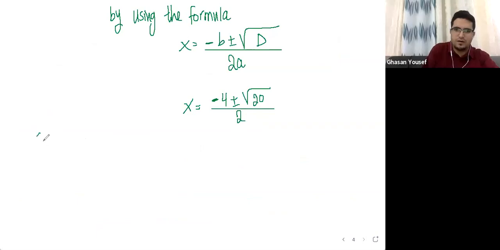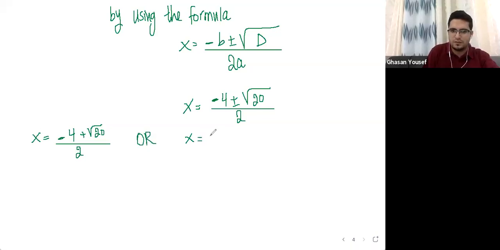So the two solutions are x equal minus 4 plus square root of 20 over 2, and the other solution is x equal minus 4 minus the square root of 20 over 2.